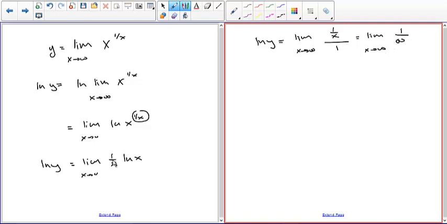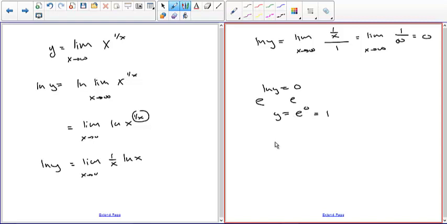By using L'Hopital's rule, I've removed the indeterminacy and I evaluate the limit, which is 0. So the natural log of y is equal to 0. So y is equal to e to the 0. I take e to the natural log of y and e to the 0 to solve for y. You get y equals e to the 0, which is 1.